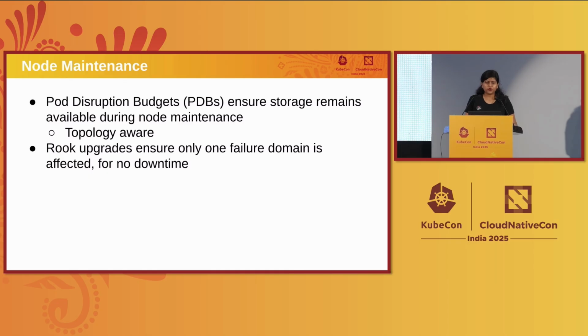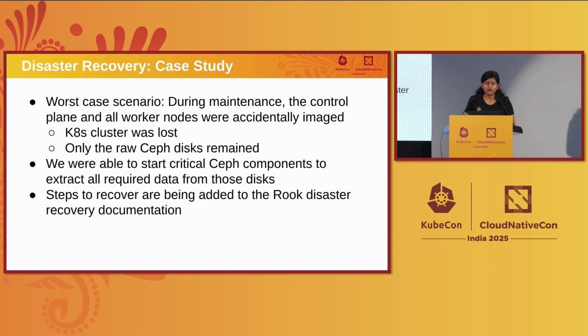That's completely topology aware, and that's also taken into consideration while you are doing Rook upgrades. Rook has rolling upgrades, so if you are performing Rook and Ceph upgrades, then there would be no downtime, and generally it's seamless. You just have to monitor the status of the cluster. So yeah, that should be easier now.